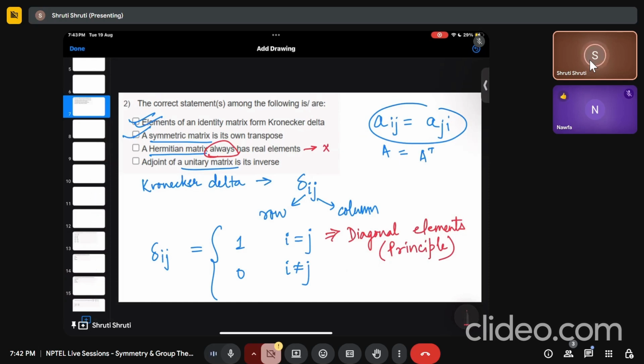The fourth one is the adjoint of a unitary matrix is its inverse. Adjoint is what? Again, conjugate transpose.